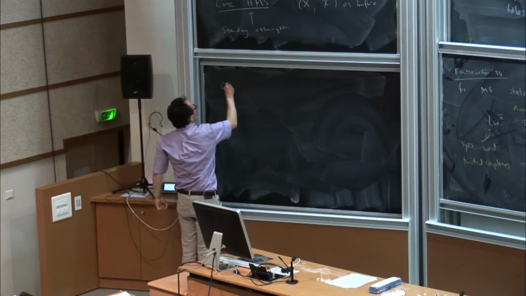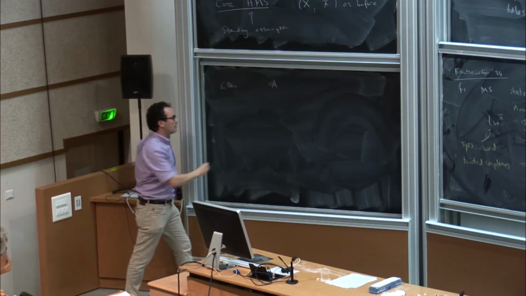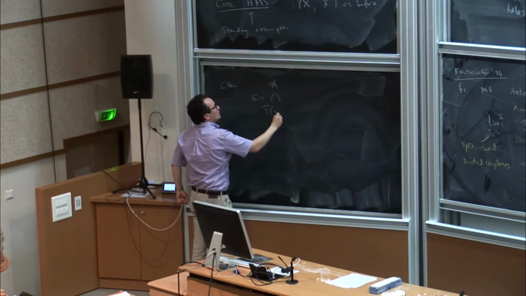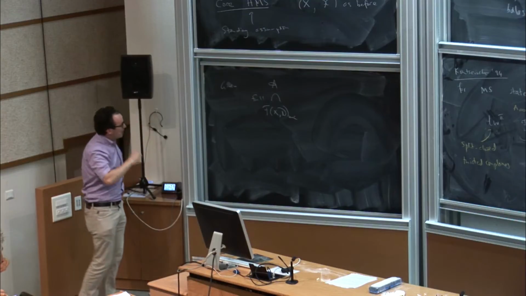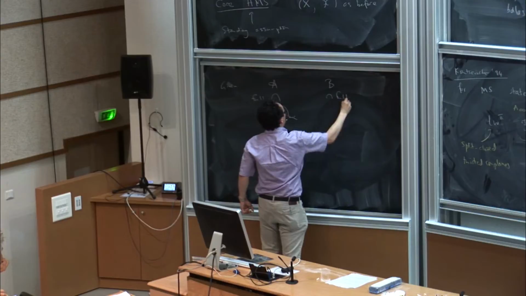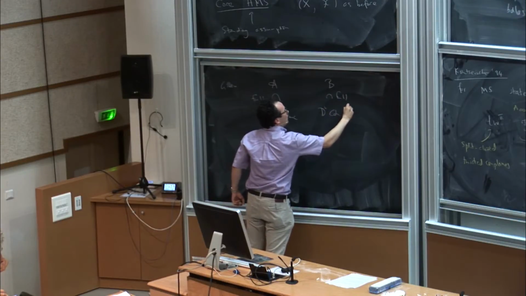You're given some subcategory A of the relative Fukaya category, and you're given some subcategory B of the derived category of the mirror.